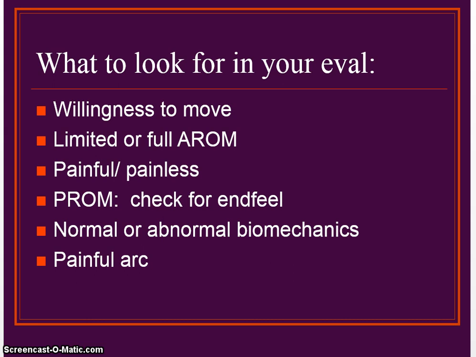What happens? Okay, you no longer can go into abduction at approximately 110 degrees. That's because you're not having good arthrokinematics. There's not good movement. There's not that inferior glide going on at the head of the humerus. Your head of the humerus has now been blocked by the clavicle.